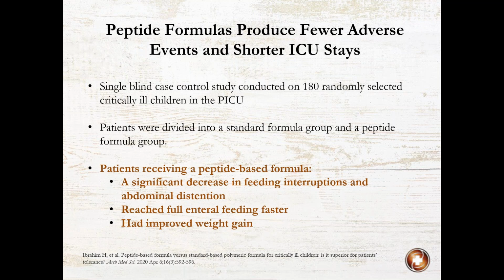And then also they improved their weight gain, whereas the patients on the standard formula actually lost weight. They also saw that there was less gastric residual volume and less abdominal distension in the peptide group versus the standard group. And they also estimated that the mean sepsis duration was shorter in the peptide-based formula group versus the standard formula group, from 7.33 days to 4.5 days.